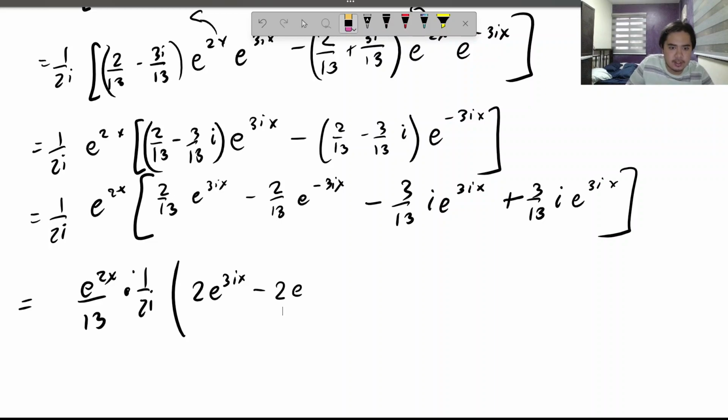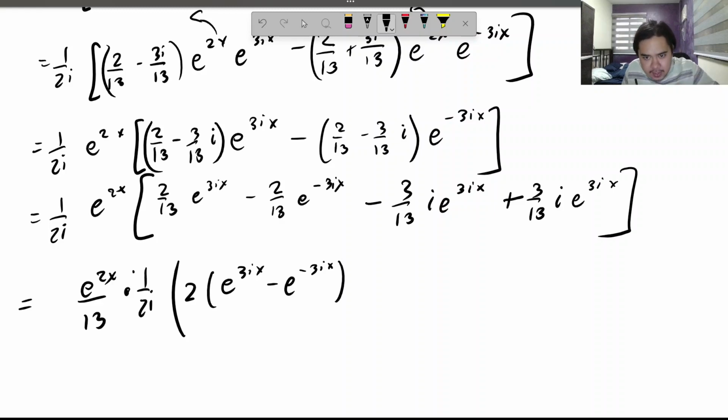Let's actually just clean this up for a moment before we proceed, because something is emerging. So 2 times (e to the 3ix minus e to the negative 3ix). And then, oh baby, this is gonna get good.